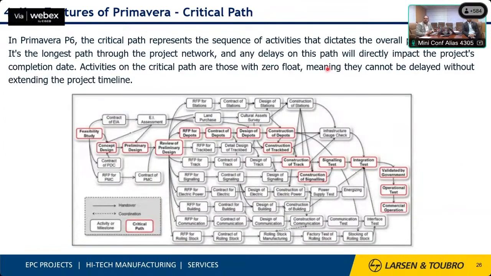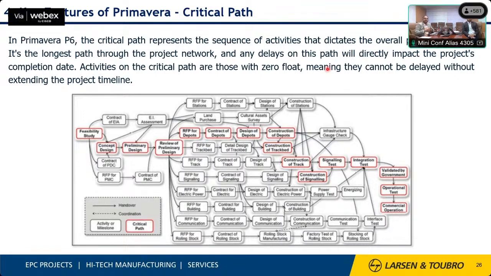Now the most important part is the critical path. How do we define our program's critical path, and how will the program calculate it? In most cases, we consider that if the total float for a particular activity is 0, it is on the critical path. But the program gives us flexibility.